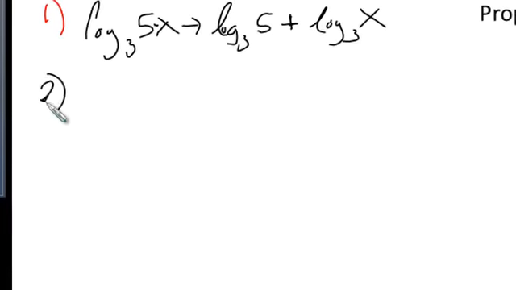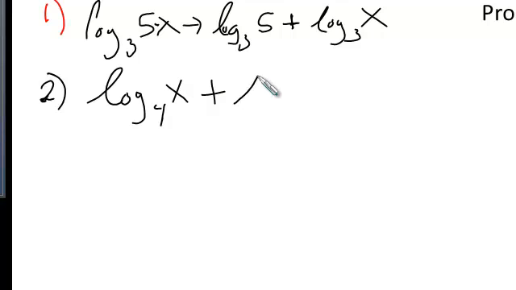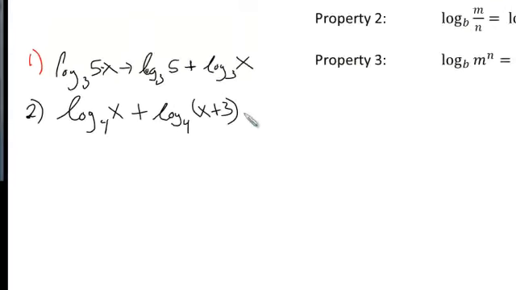Let's try property 1 again. If you had log base 4 of x plus log base 4 of x plus 3, you could condense this from 2 logs down to 1 log.